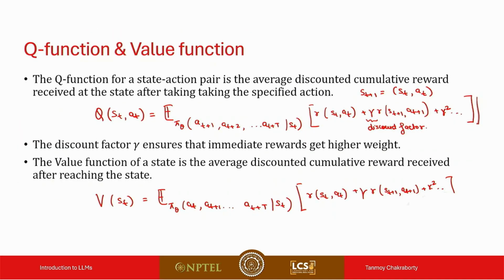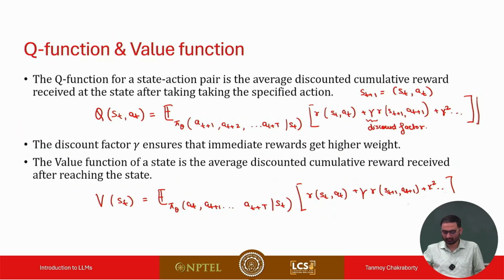Okay, so let us again discuss the Q function mathematically. I wrote this in the slide so that you read and you remember. The Q function for a state action pair is the average discounted cumulative reward received at the state after taking, it is repeated, after taking the specific action.